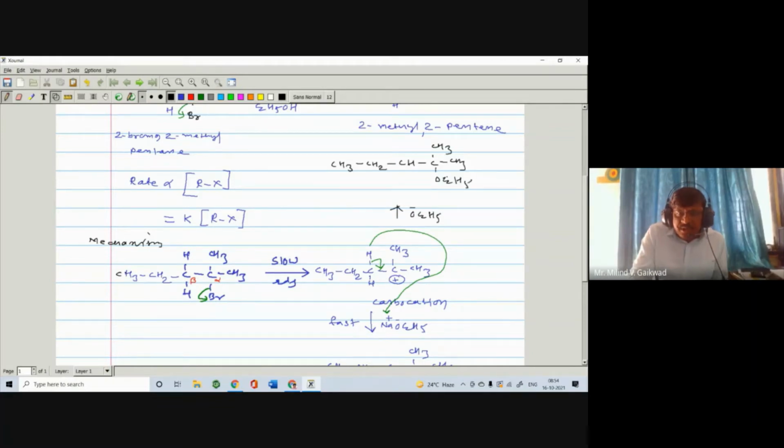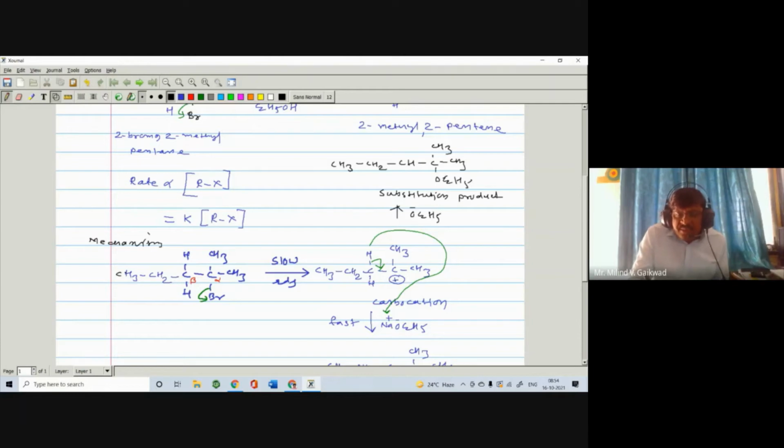So here you get the substitution product. Even though you don't write it when you are explaining the E1, it also works.